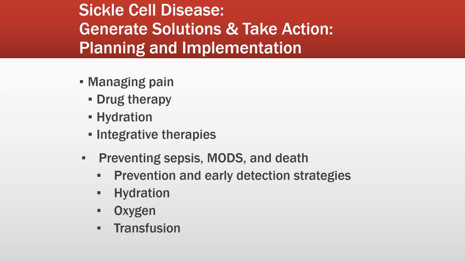Integrative therapies. These are therapies that the patient can use, not only that we can use in the hospital, but that they can use at home. For us, for nurses, in order to keep the patient comfortable, there are some things that we can do. Very simple things like keeping the room warm, using distraction, maybe teaching the patient about meditation, positioning, okay, making sure you've got plenty of pillows so that you can reposition them so that they're comfortable.